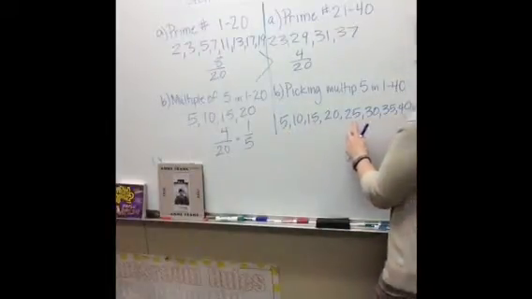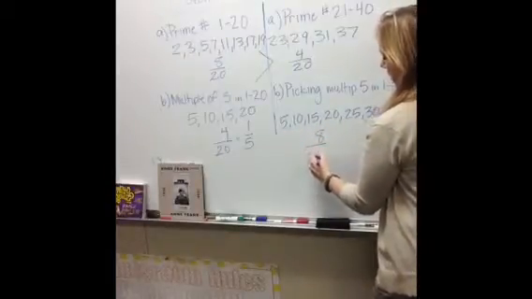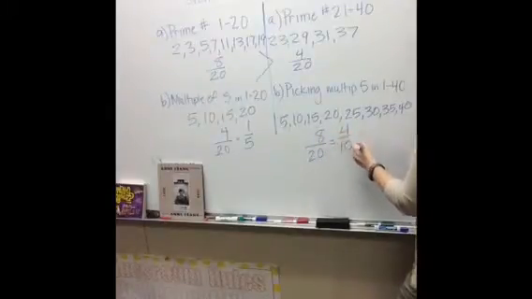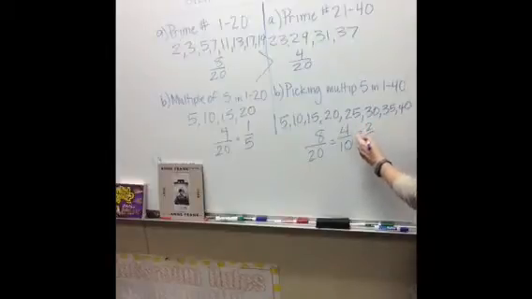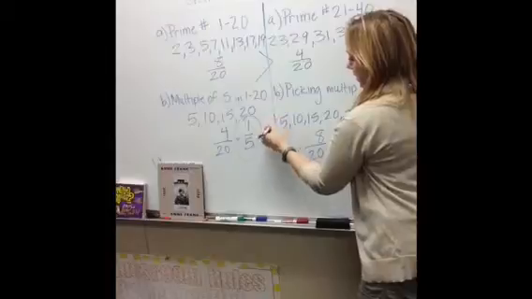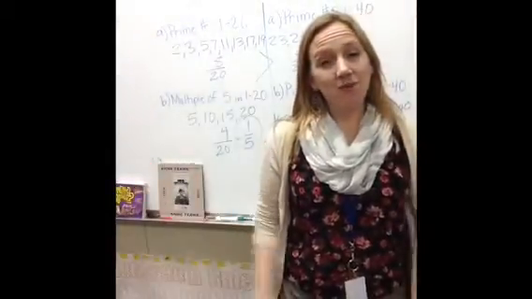You have 1, 2, 3, 4, 5, 6, 7, 8. You have 8 chances out of 20. Even if we simplify that, that would be 4/10. Simplify a little bit more, that would be 2/5. 2/5 is greater than 1/5, so we're going to go like that. All right, so hopefully from there you can figure out problem C.